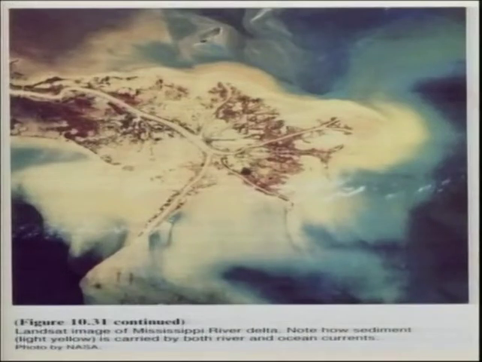We have a sample of a delta as taken from high above. And here we're looking at the Mississippi Delta, which is the mouth of the Mississippi River out towards the sea, and the deposition as shown there in the yellow color.